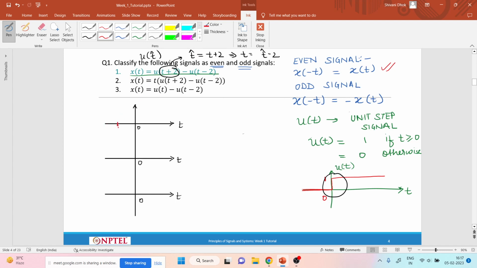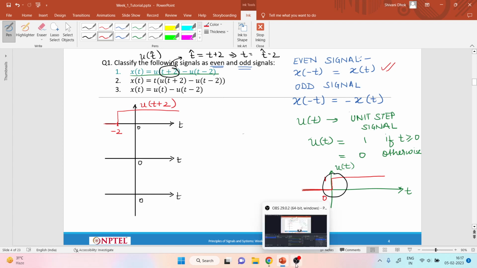So the signal of u of t plus 2 will look something like this. Let's say this is minus 2. The signal will look something like this. This is u of t plus 2. And the next signal that we have is u of t minus 2.